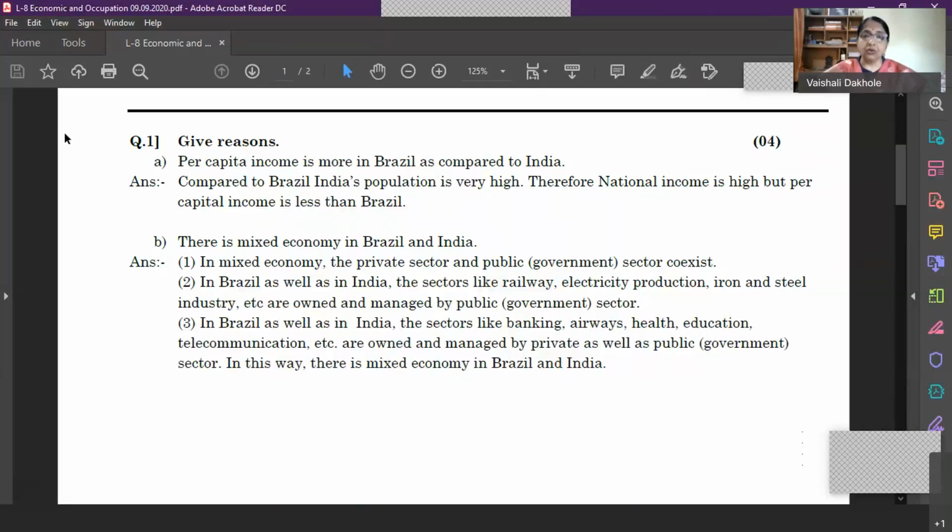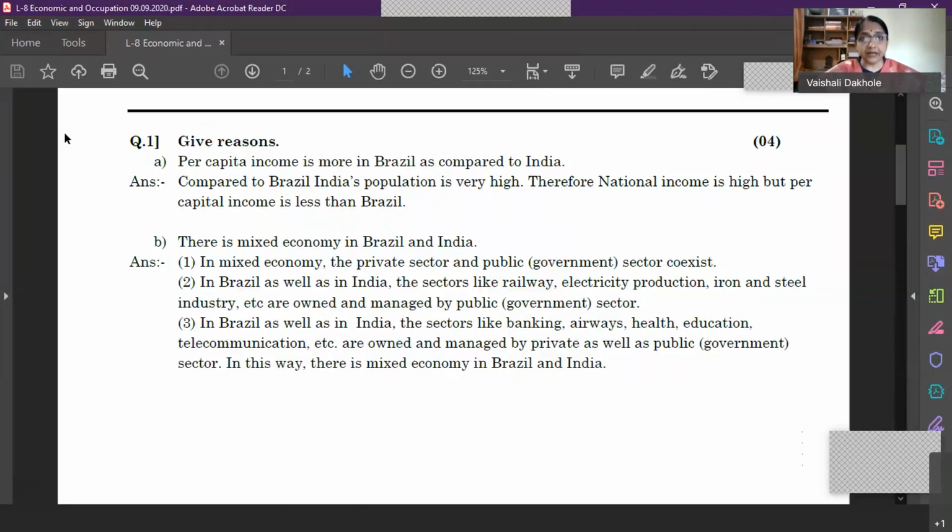Okay, so whatever is the national income of India is getting divided among the second largest population of the world. So with 382 persons per square kilometer, that is the density of population in India, the national income is getting divided among that much population.